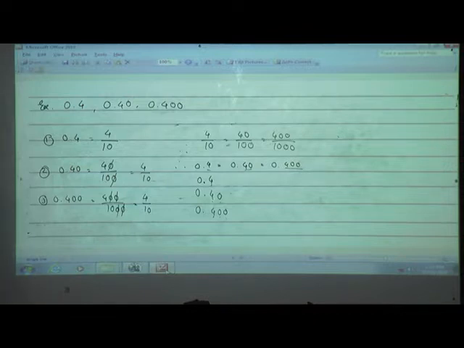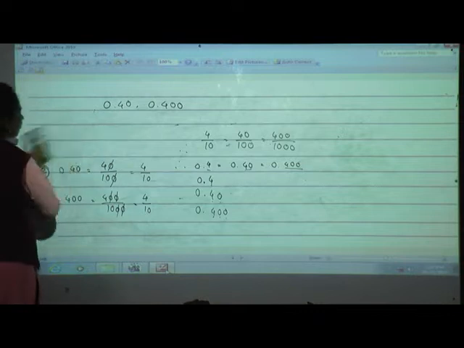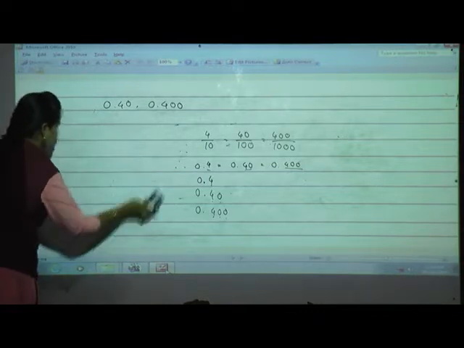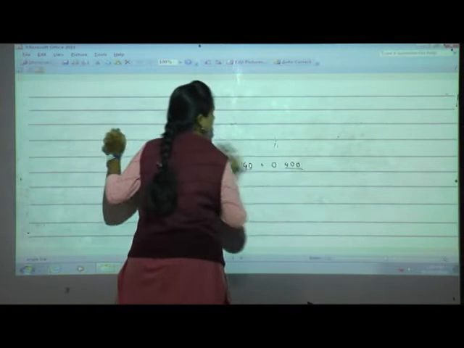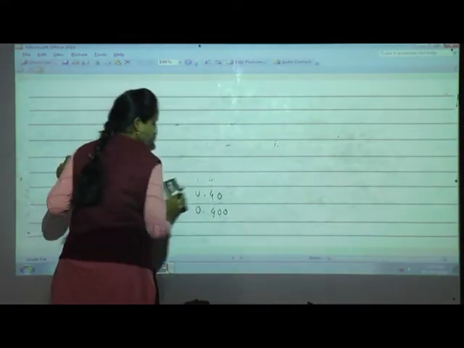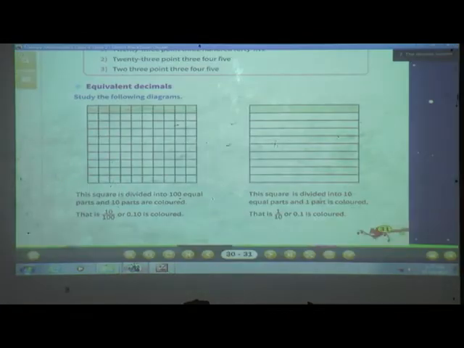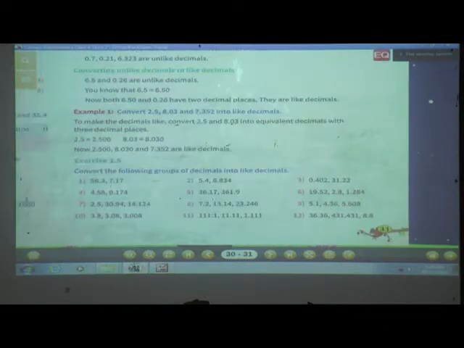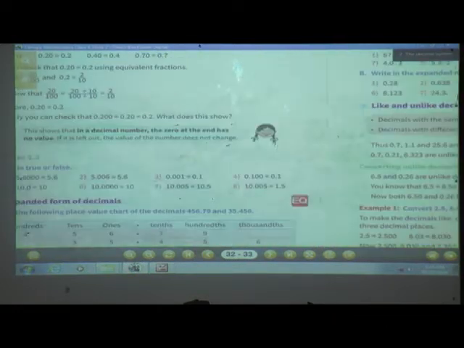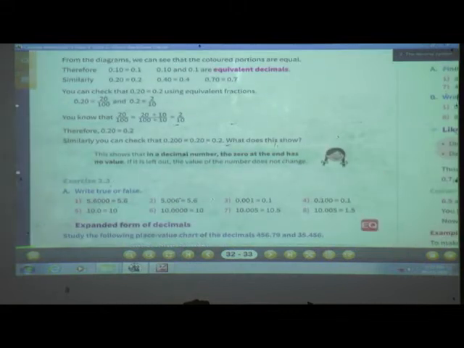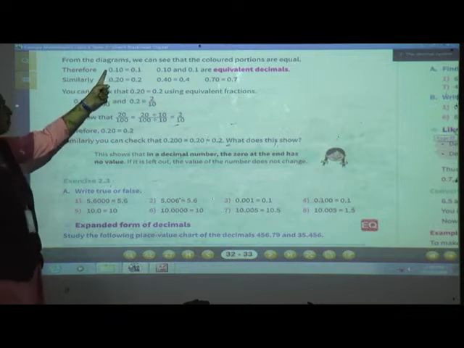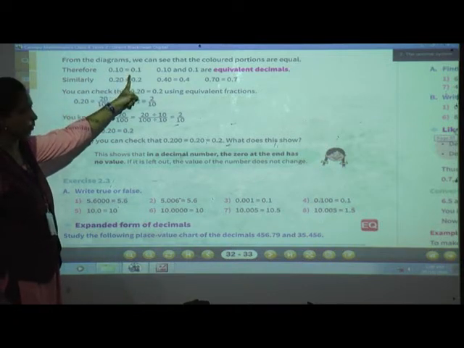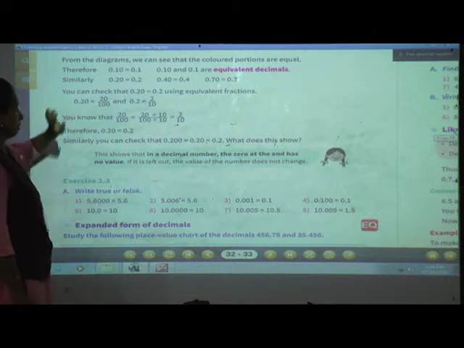Now we will see the next point. Now I'll explain the textbook example. So we have seen with the diagram that 0.10 and 0.1 are equivalent decimals.